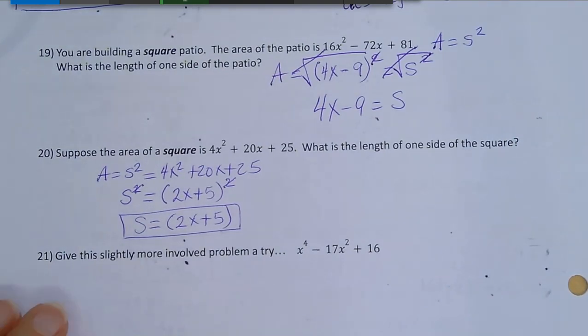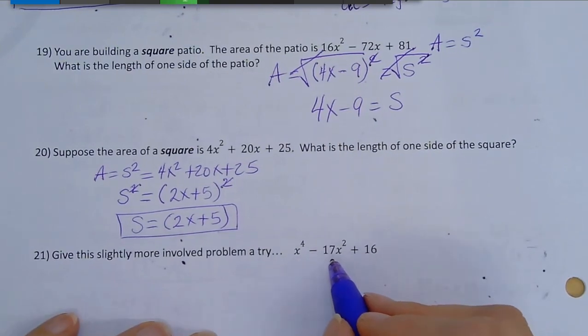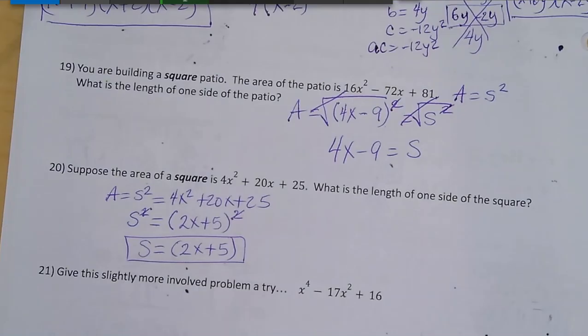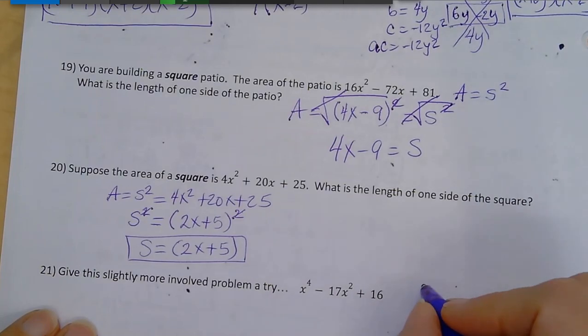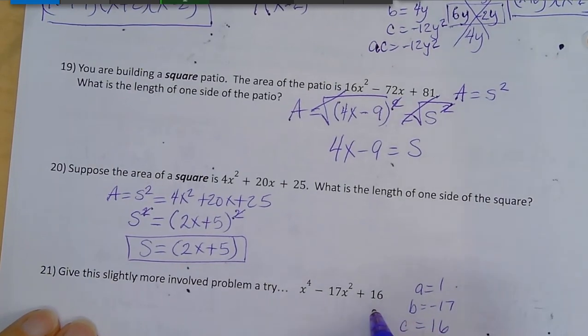All right, so this guy, x to the fourth minus 17x squared plus 16, well, that has a lot going on, but I think I can do it. So let's look at what we've got. It is a trinomial, right? And I know that a equals 1, b equals negative 17, c equals 16, and AC equals 16.